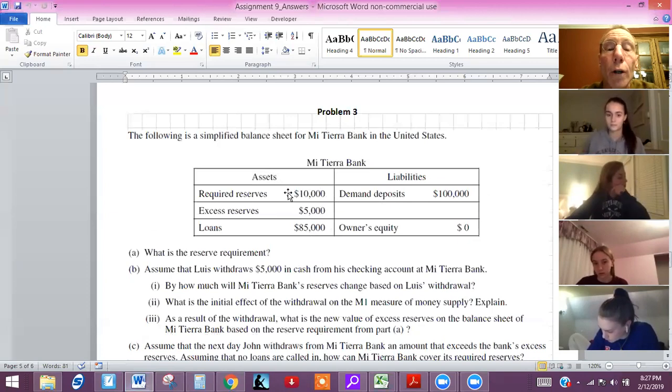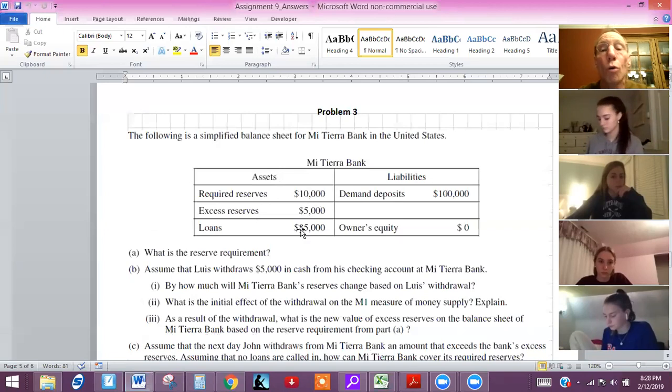So whatever you have in assets, which are your required reserves, whatever you have in reserves that are over the required amount, whatever your loans are. Now, the reason these are called assets is because loans are what borrowers owe the bank, and reserves are money you actually have in the bank.